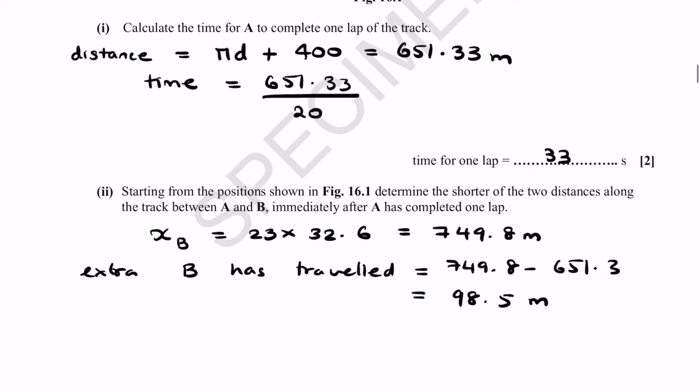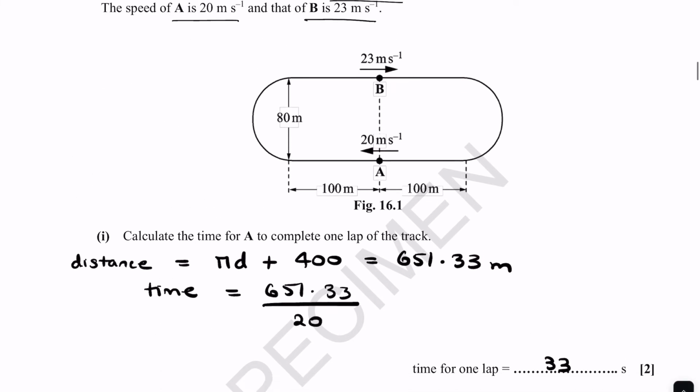So B would have completed a round already around the track, and then it would cover an extra distance of 98.5 meters. And we know that this is 100 and this is also 100. So perhaps it's somewhere here when A has completed one lap.